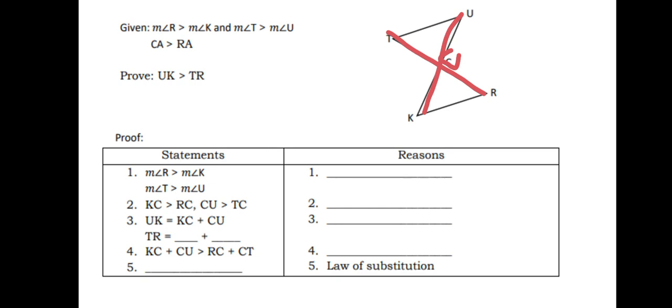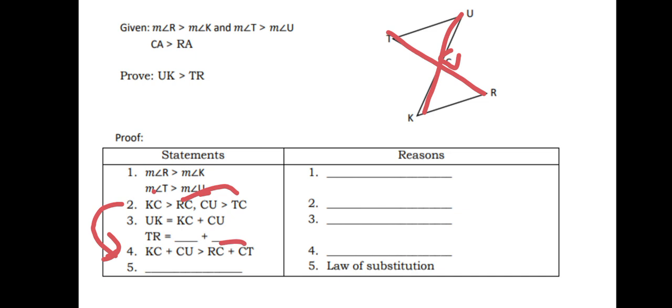For number 4, KC came from number 2. So KC plus CU, since both of them are greater than, we can add them. Then for less than RC plus TC, you can add them also.